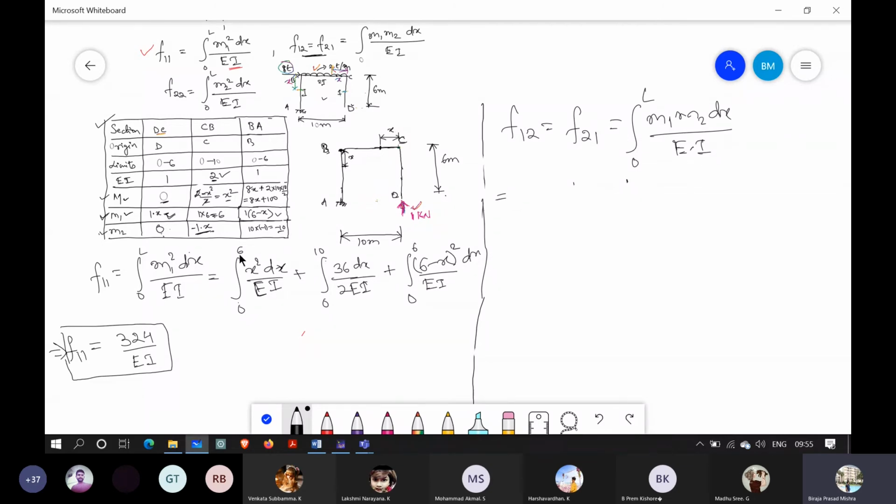The first one is m1 into m2, this is 0. Now this is 6 into x. So it is integration 0 to 10 of 6 into x by 2EI into dx, plus integration 0 to 6 of 6 minus x into minus 10 divided by EI into dx.